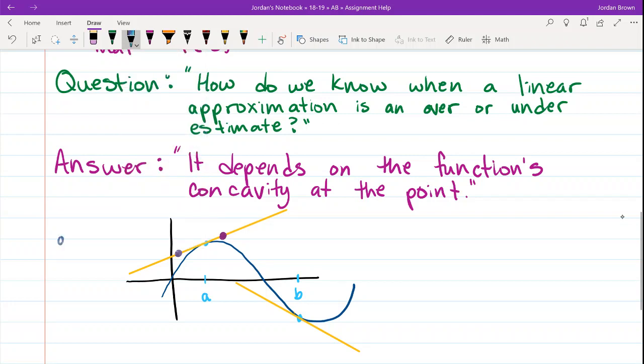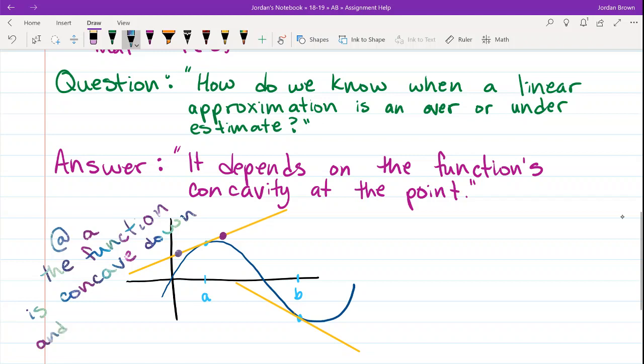So at A, the function is concave down, and we have an over approximation. Okay?